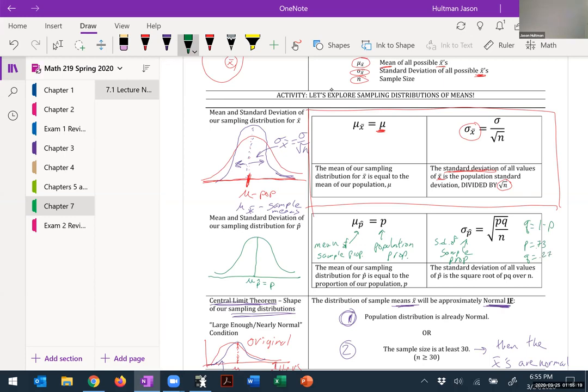And what's N? N is the sample size. So I'll just put an arrow and say N is sample size.